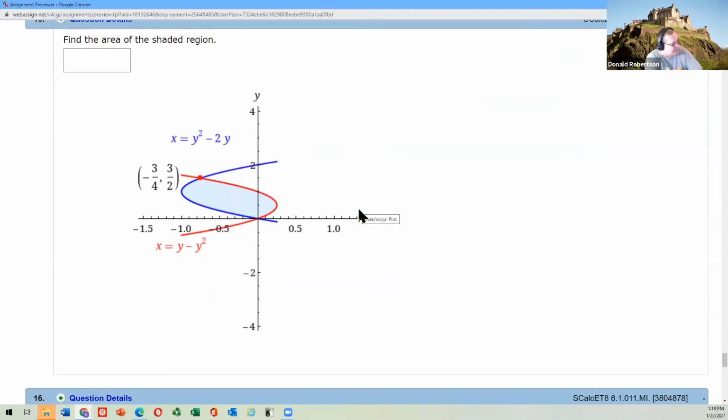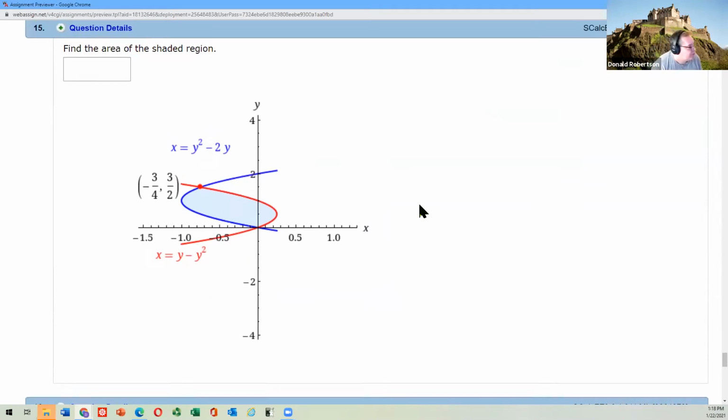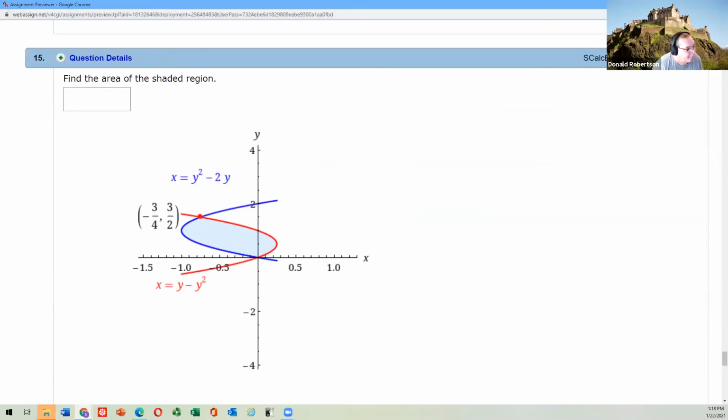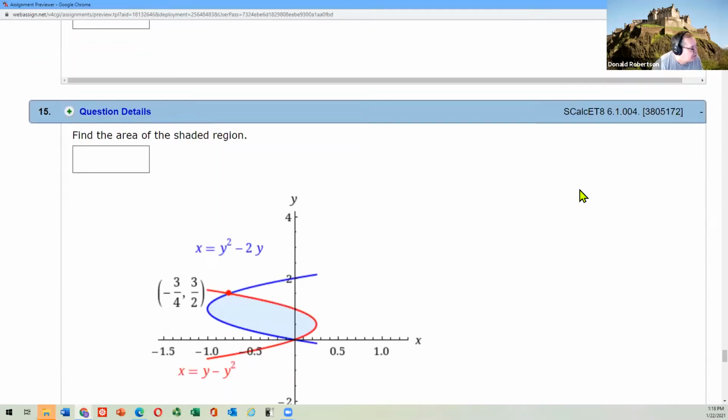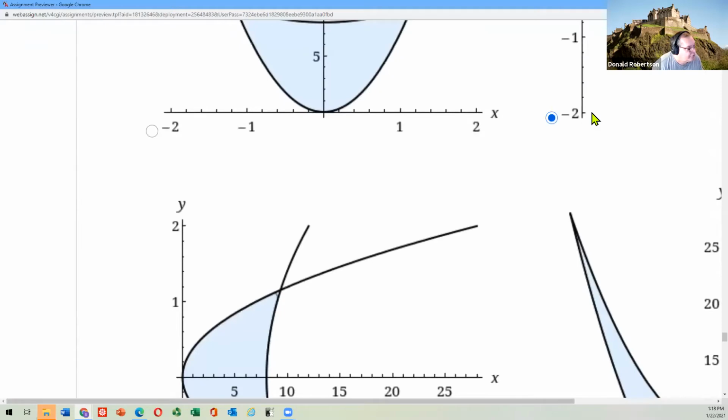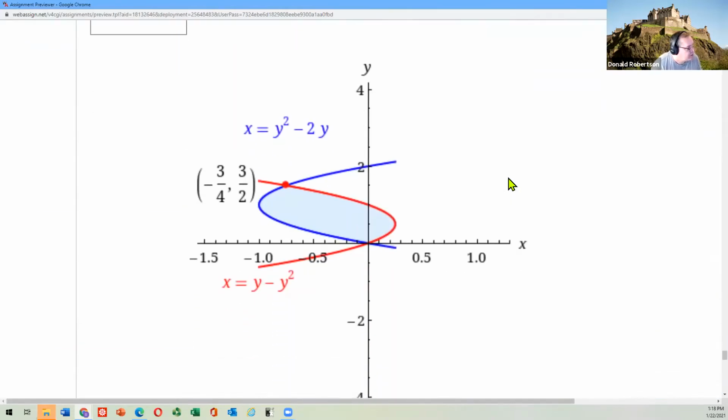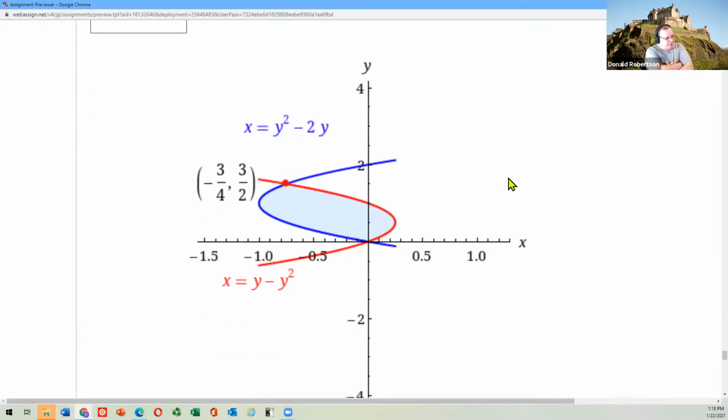Right, now, let's look at this picture. I should be able to make this a bit bigger. I want the area between these guys here. So I don't need Desmos. Isn't that picture essentially doing what Desmos would do for me? Now, looking at that picture, the area between the 2 curves is obviously this piece here.